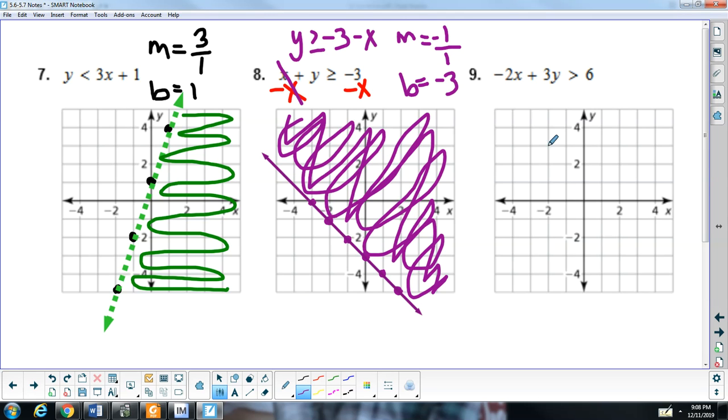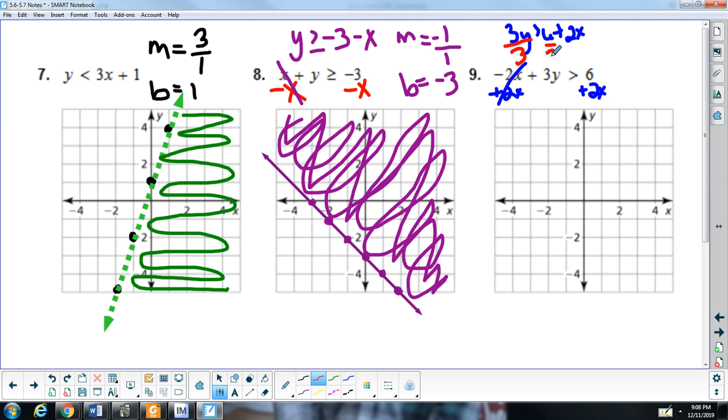All right, let's see how you did. So to get the y by itself, we would have to add our 2x to both sides. So they would cancel on the left, so I would have 3y is greater than 6 plus 2x. Then I would need to divide by 3 to get the 3 off of the y.